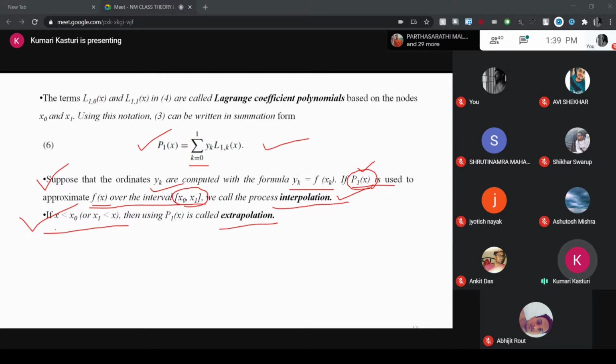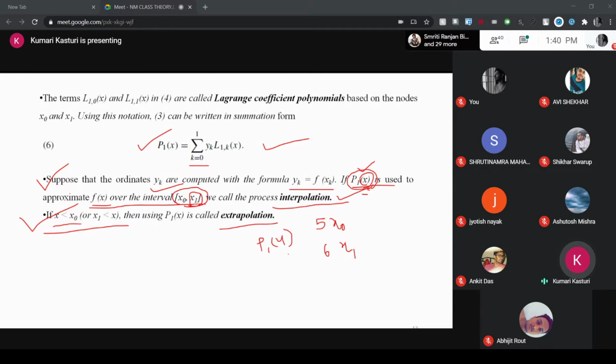Extrapolation is what? Whenever x is less than x0, or x1 is less than x, meaning the x you are putting is outside the specified interval, then that is called extrapolation. For example, let x0 be 5 and let x1 be 6. Suppose you are calculating P1 of 4.